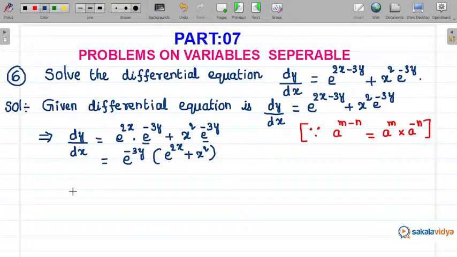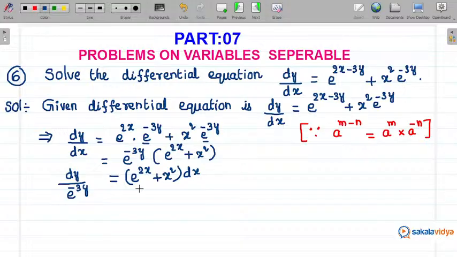So, by separating the variables, we can write dy by e power minus 3y is equal to e power 2x plus x square of dx. So, now this is just like f of y dy is equal to g of x dx, or g of y dy is equal to f of x dx.